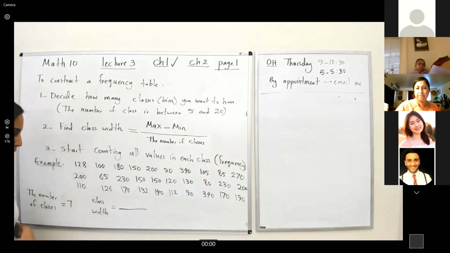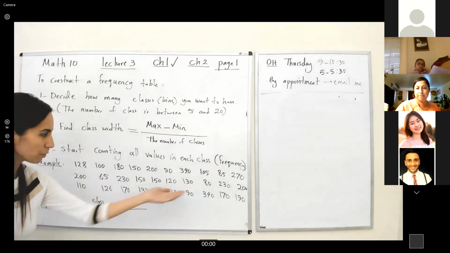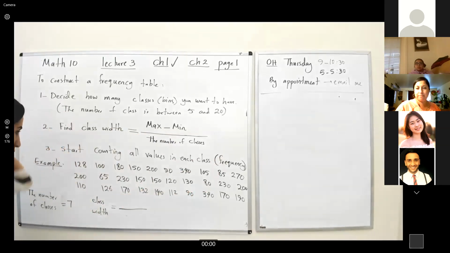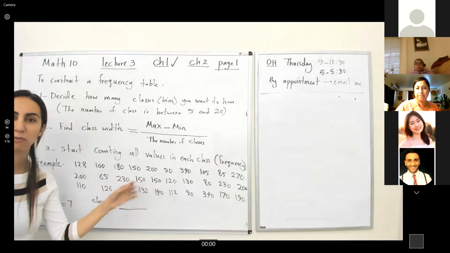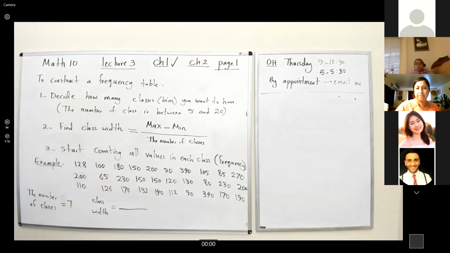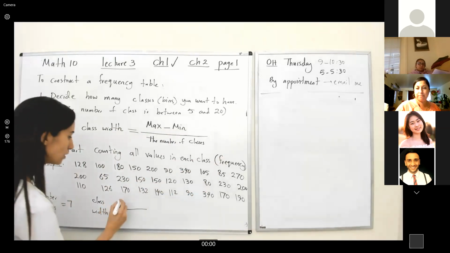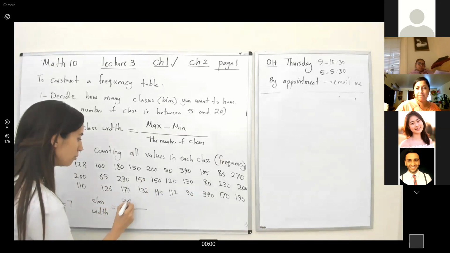Is it 340? Do I have any other number larger than 340? Yes, the maximum is 340. Okay, perfect. What's the minimum value?